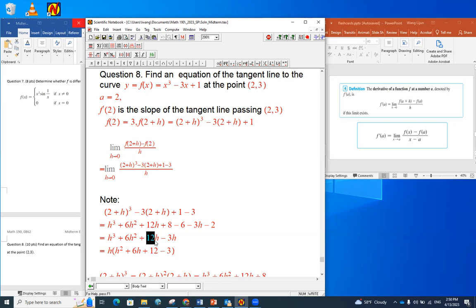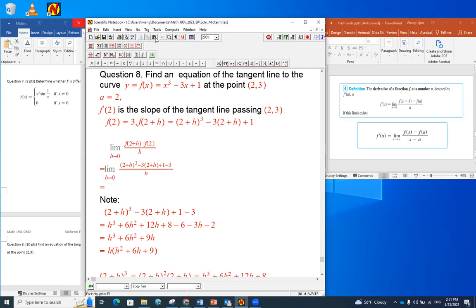This is a 9h, right? Excuse me. This plus 9. Okay. Am I doing well? Looks like it. When it's too long, I tend to make mistakes.